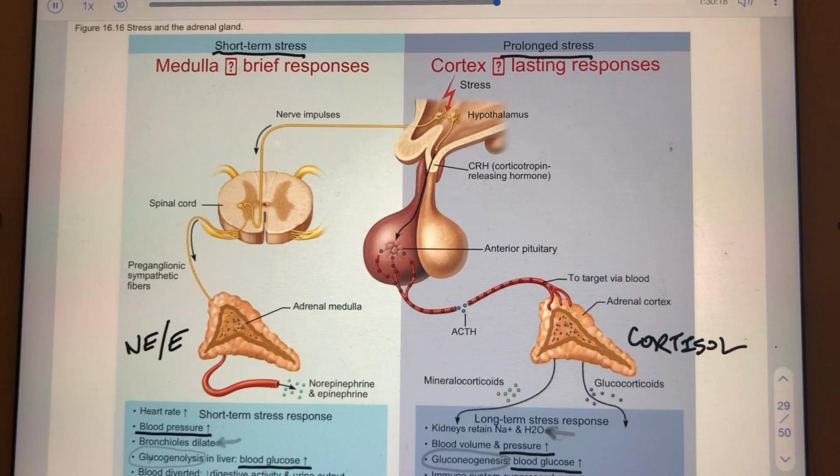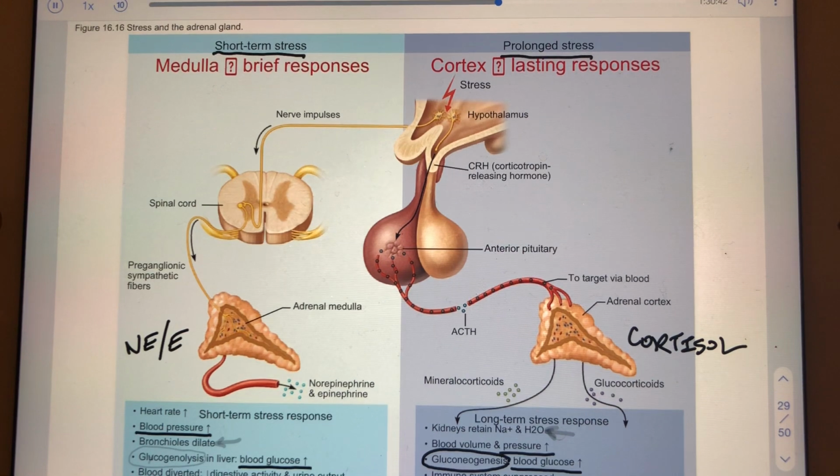But how does cortisol increase blood glucose levels? Via gluconeogenesis. Whereas, how do norepinephrine and epinephrine increase blood glucose? Via glucogenolysis? Is there something called glucogenolysis?